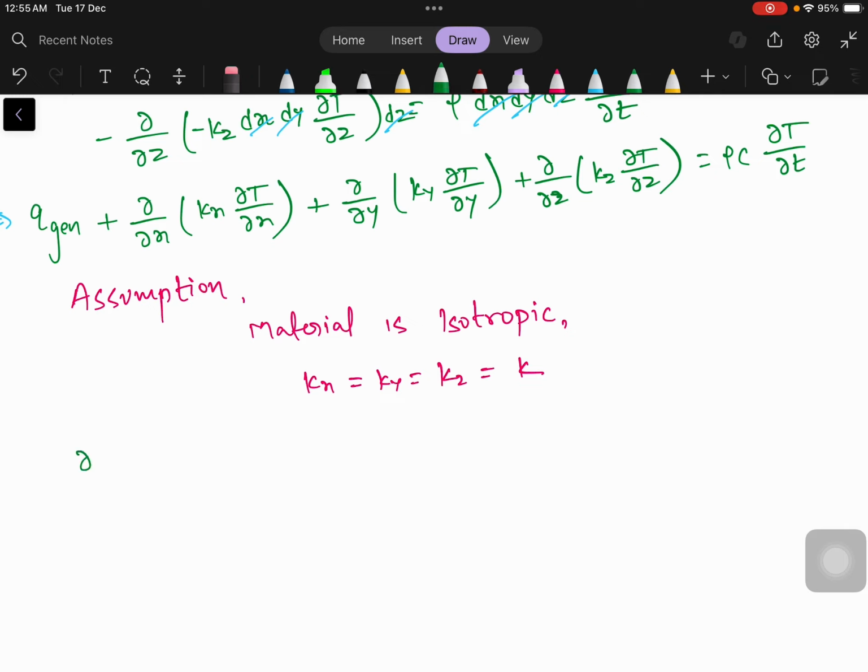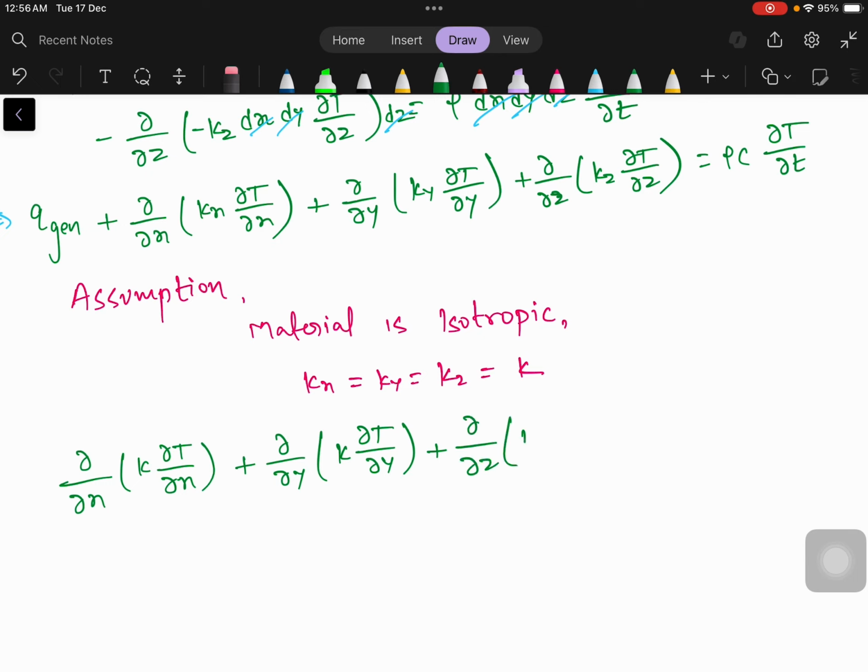Now del by del x k del T by del x plus del by del y k del T by del y plus del by del z k del T by del z plus q generated equals rho c del T by del t.